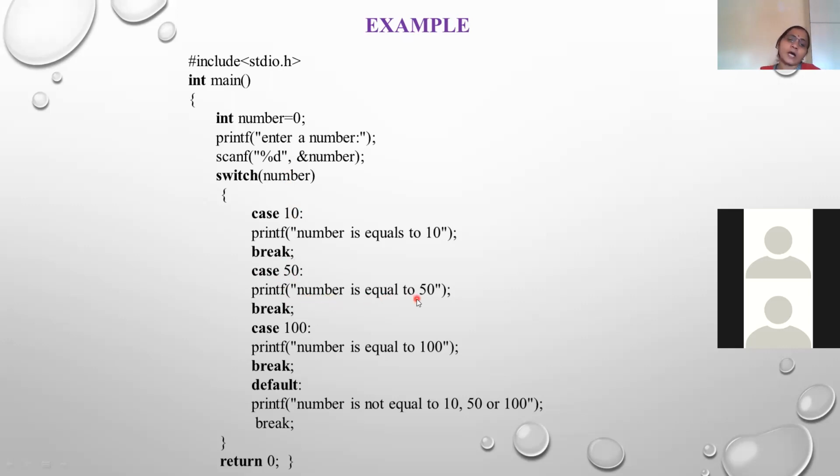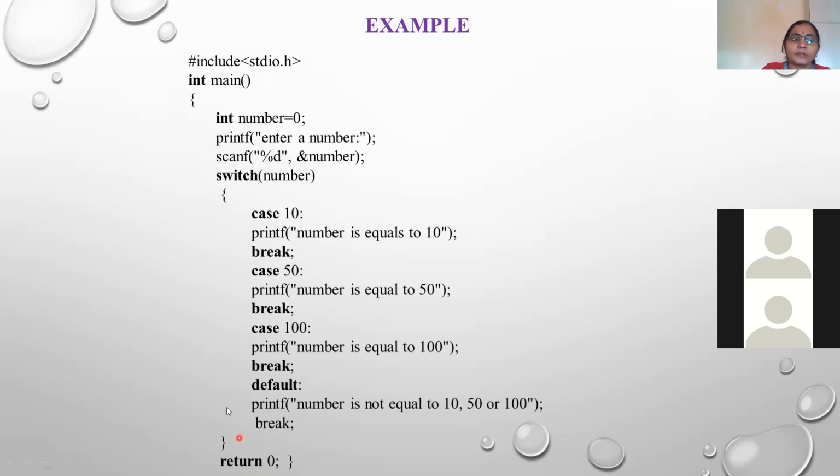What will be the output? The output is number is equal to 50, and then break. Due to this break statement, control jumps out of the switch statement and evaluates the next statement just below the body of switch, that is return 0, and finally you get the output number is equal to 50.